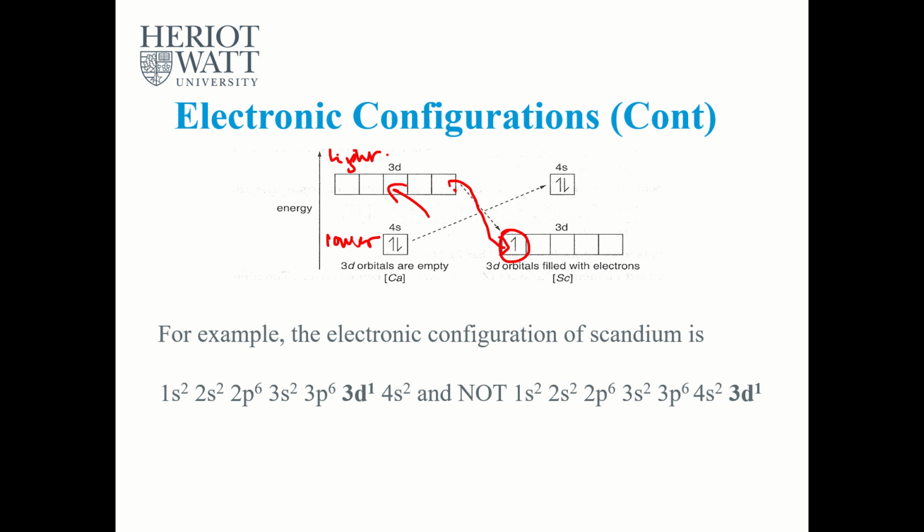Now they're back to the arrangement, which makes sense. They're going downwards. You see that? So 4s now is actually higher, and this is actually lower in energy. Now this only happens when the 3d starts filling up with electrons, even 1 electron.